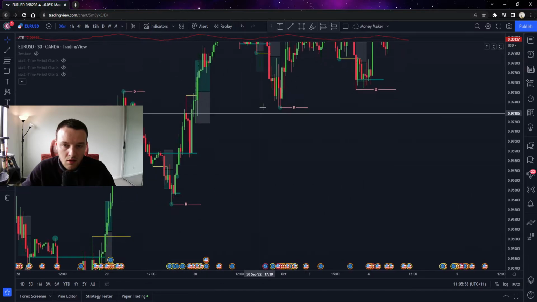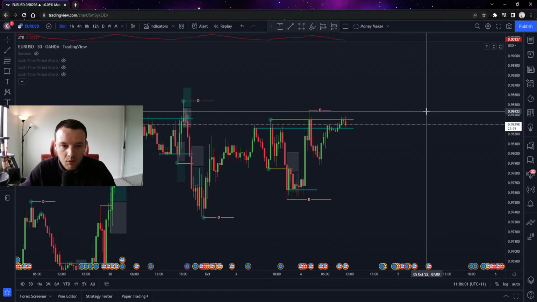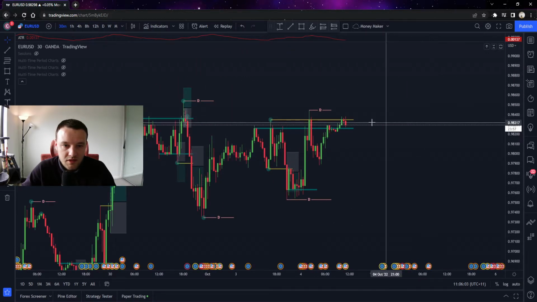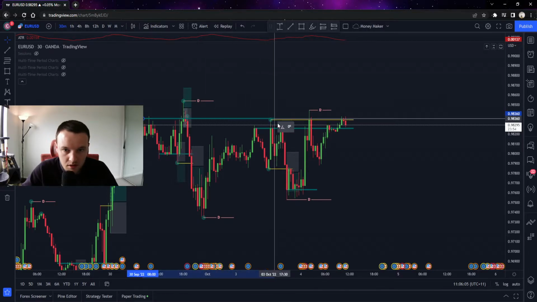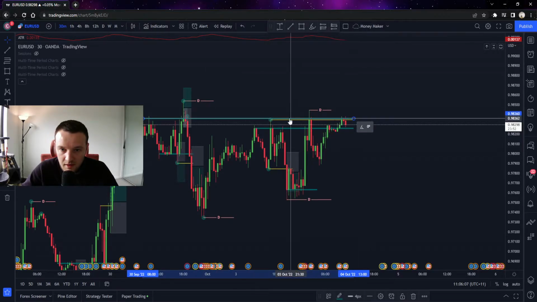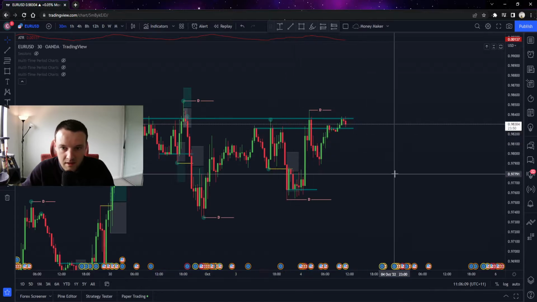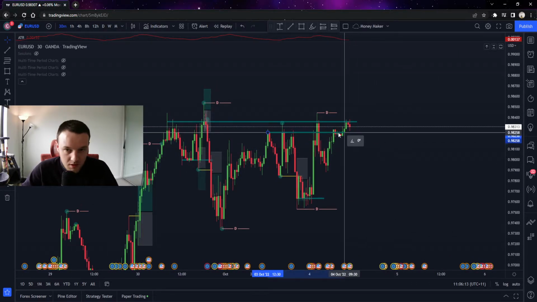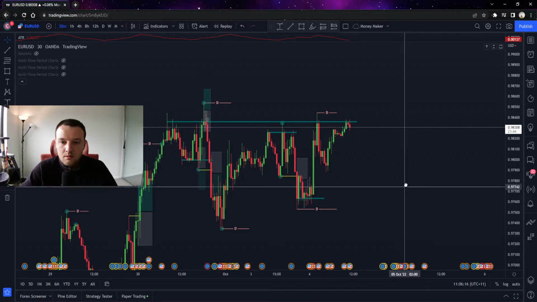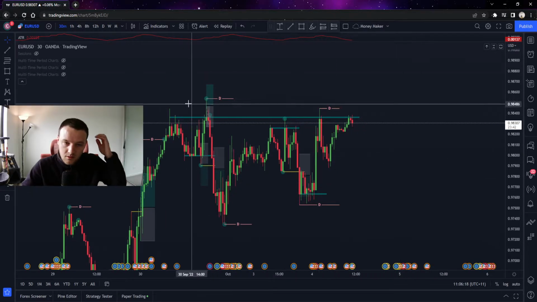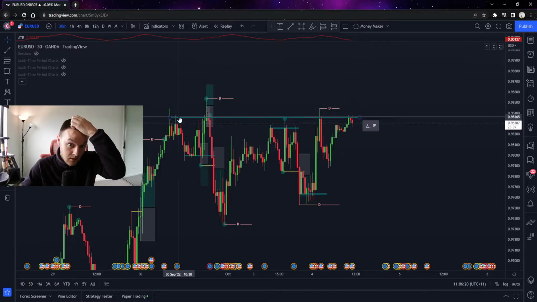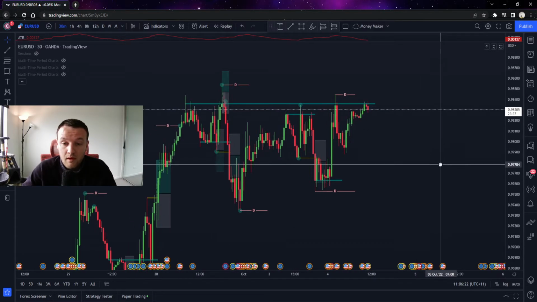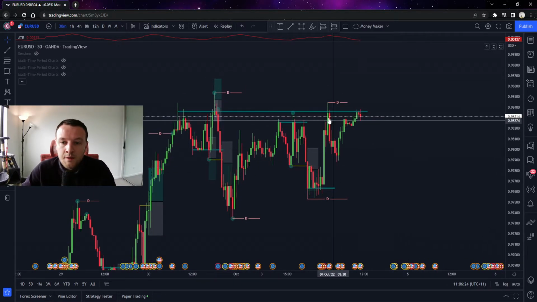So we're making higher lows, but we're hitting this resistance right here. If I just drag this across, you can see that resistance right there. Let me just delete this so it's more clear. So you can see this resistance that we've touched into now, that we're rejecting pretty heavily.